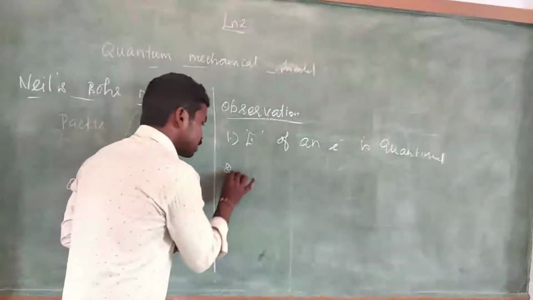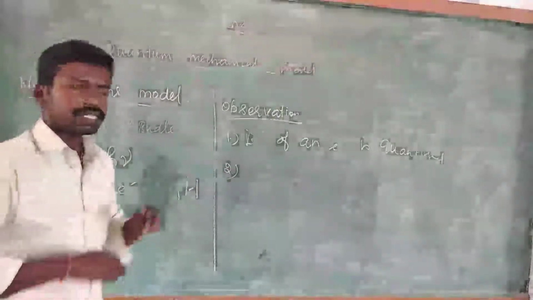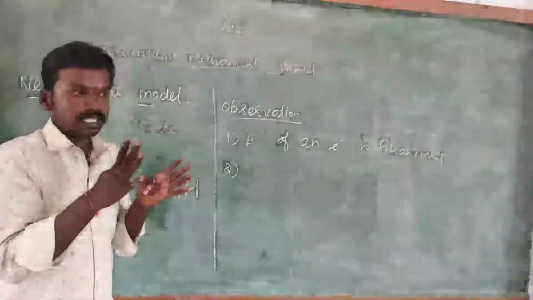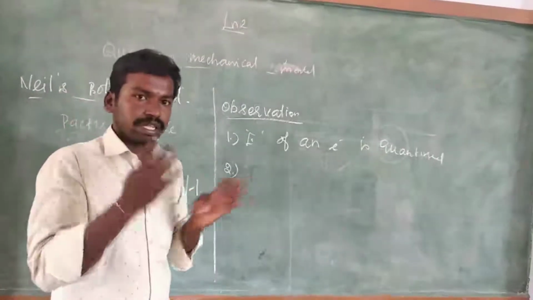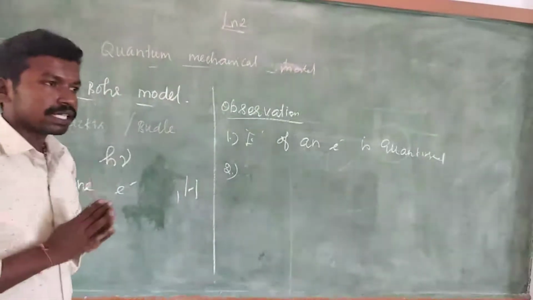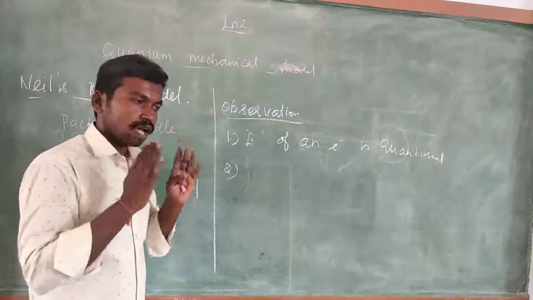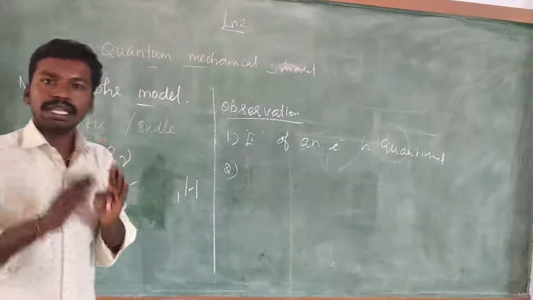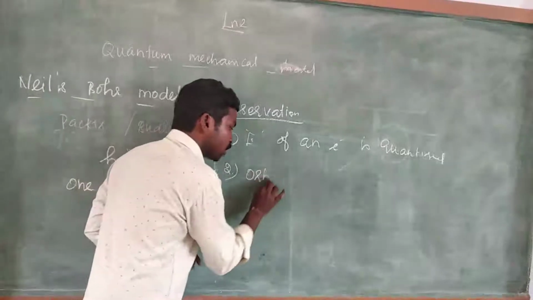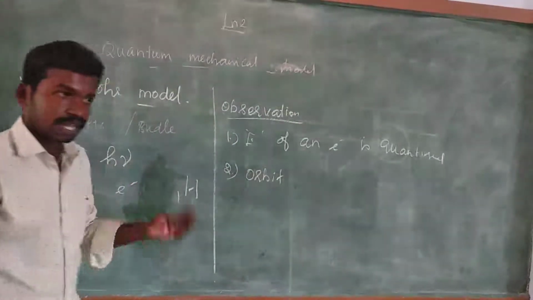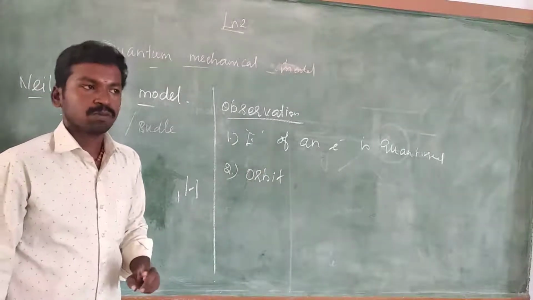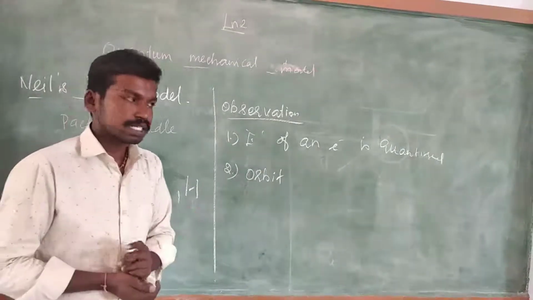And in the case of Rutherford, he said that the electron is revolving around the nucleus. He didn't say where it is revolving, the place where it is revolving. So that was given by Bohr. He says that electrons are allowed to move only in certain paths. Those paths are called orbits. The electrons are allowed to move only in orbits, and those orbits are stationary.